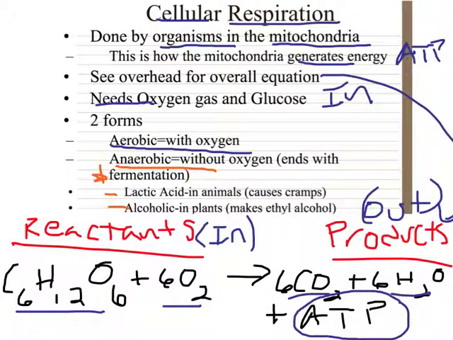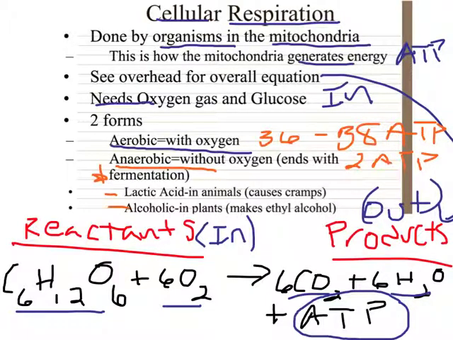Now, in terms of which would you rather do, aerobic respiration gets you, depending on which book you look at, 36 to 38 ATP. Okay, that's a lot of ATP compared to anaerobic, which is going to get you 2 ATP. So which one would you rather do?